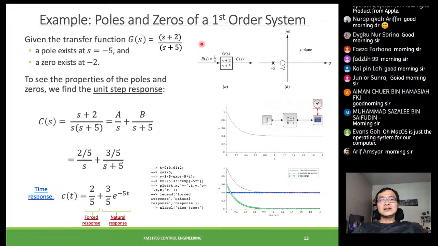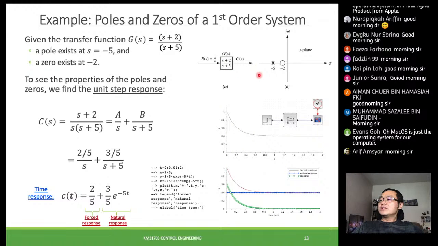In general, we would not tell you the value of the input over here. We will just say give a step input, or unit input, or impulse, or ramp input, so you have to know all these terms, then you would know what value you should put in, right? But in this whole session, we will only deal with step input. So our R(s) value will be 1 over s here.